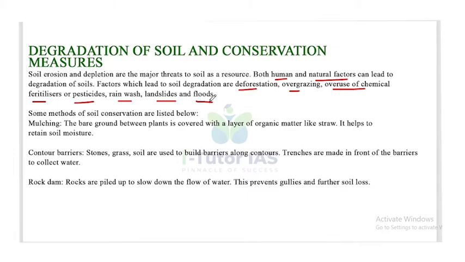So what are they? First one is deforestation, overgrazing, overuse of chemical fertilizers or pesticides, rainwash, landslides and floods.